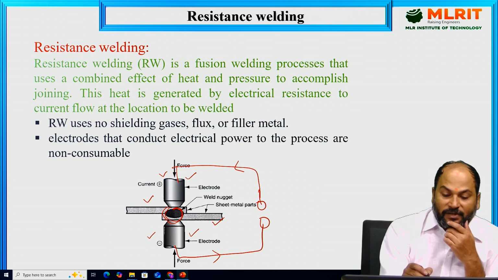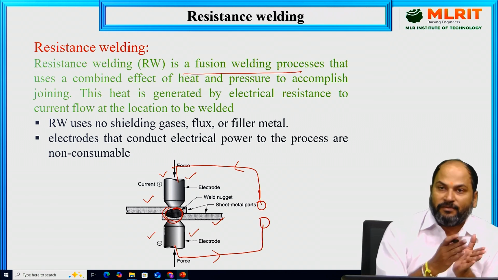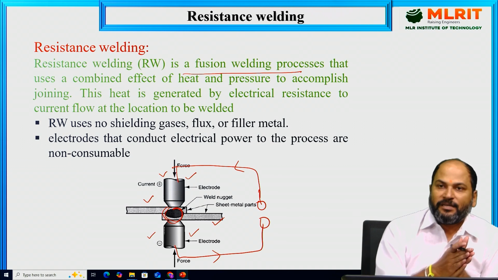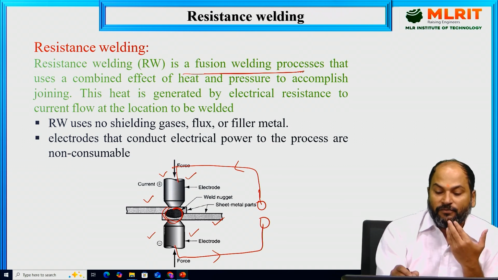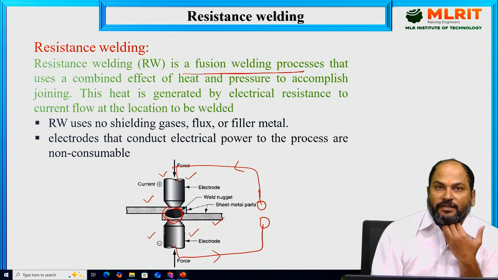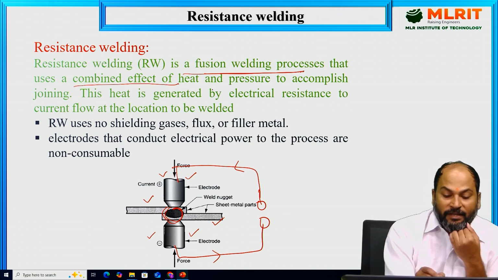So resistance welding, of course, is a fusion welding process. Fusion welding, why? Because we are melting the material, and melting the material means we are changing the state of the material. So this is a fusion welding process, or we can say a liquid state welding process, that uses a combined effect of heat and pressure.